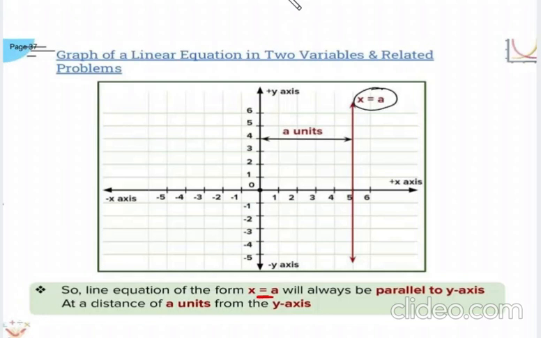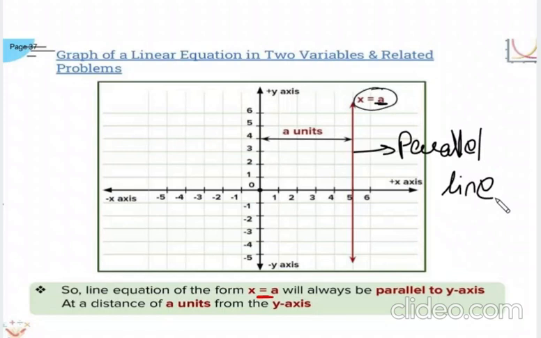Whenever I have the value of the x variable as a units, that line will always be parallel to the y-axis. If x equals a, it is parallel to the y-axis, and the distance will be a units. We are going to solve questions.